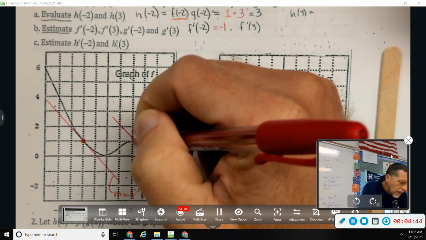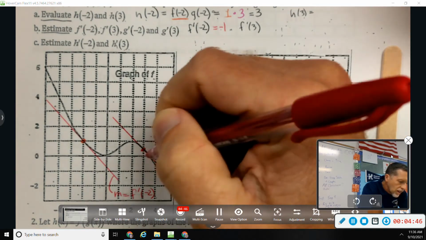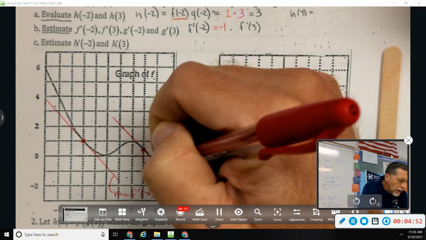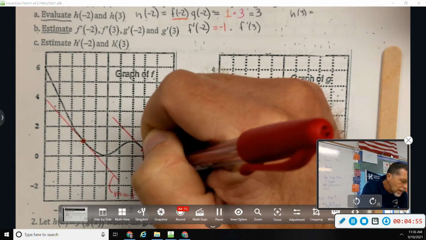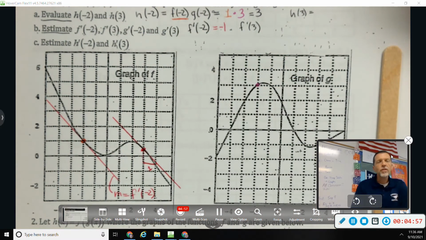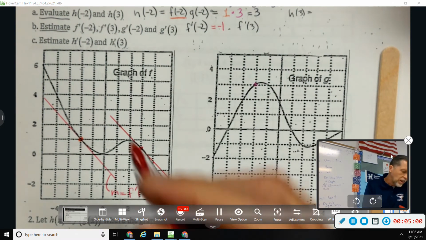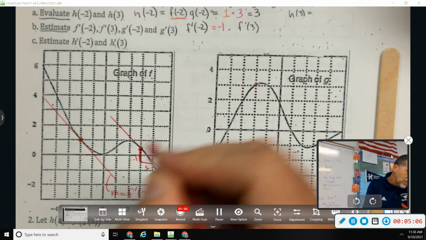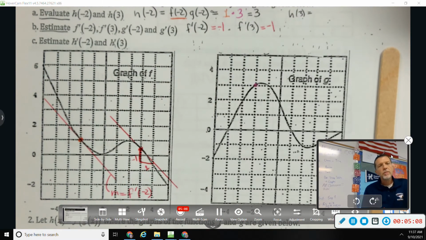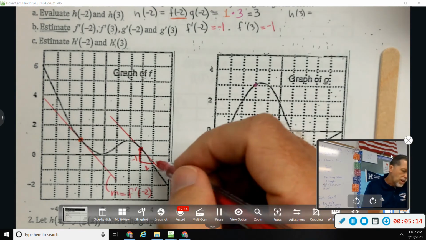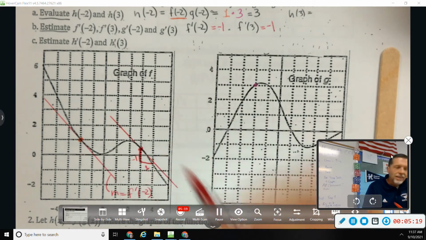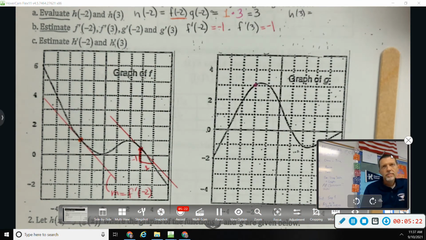What do you think? If we go over 1, how many down did we go? Maybe that's the best way to say it. If we go over 1, so if our denominator is 1, our change in x is 1, what's our change in y? I think we managed to make that one negative 1 as well. Again, it's approximate, so last period I didn't quite go down that far. I ended up like 0.8 down or 0.7 down. But that's okay, it says estimate.